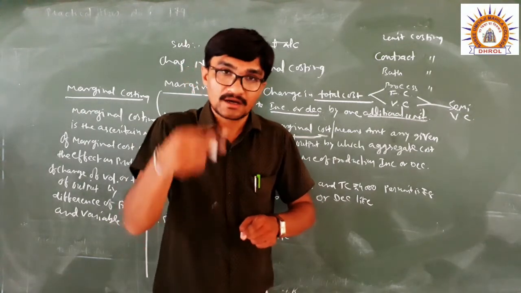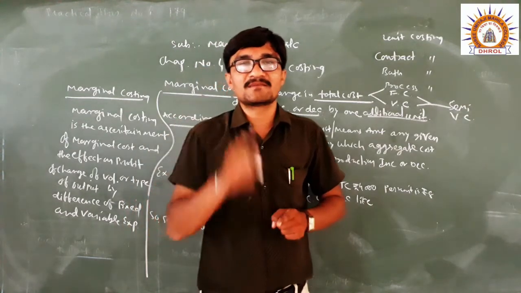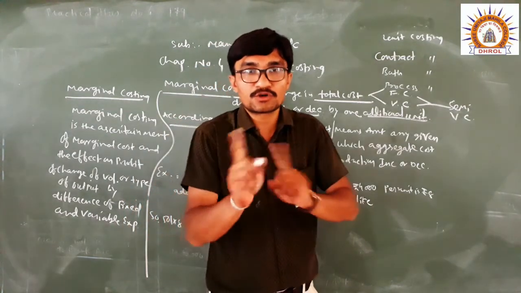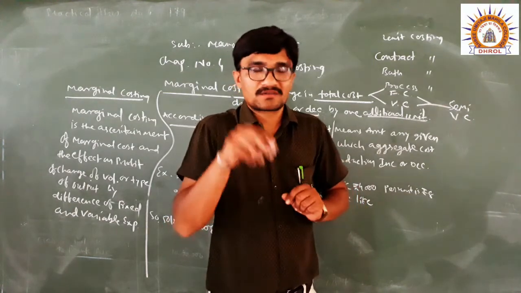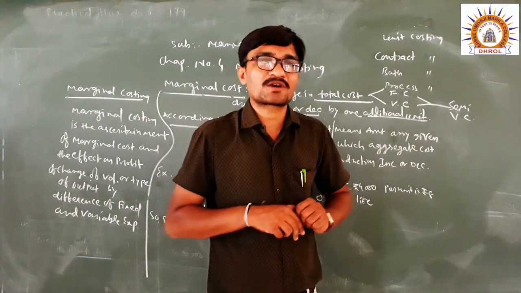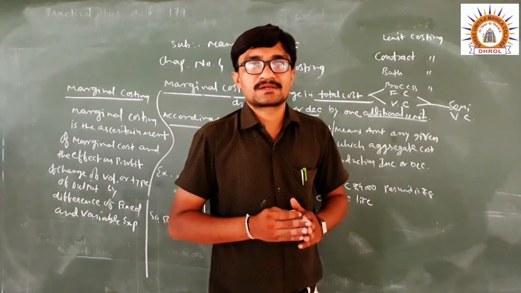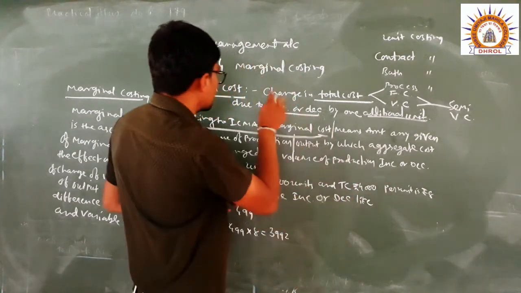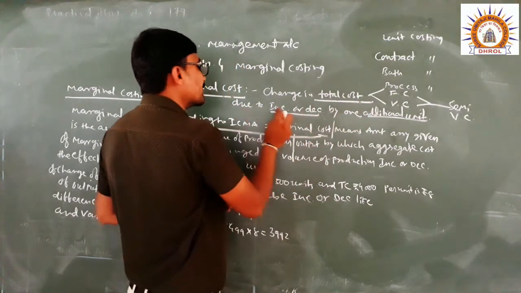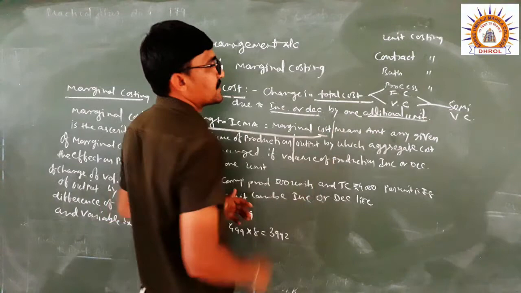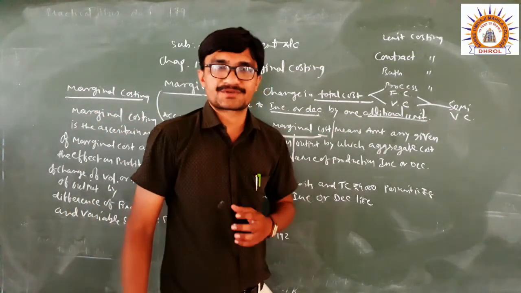If I increase by one additional unit, the units become 2, and then what sort of changes are there? If you change the volume of production, there is also a change in profit. So again, marginal cost means the change in total cost due to an increase or decrease by one additional unit. This is the basic meaning of marginal cost.